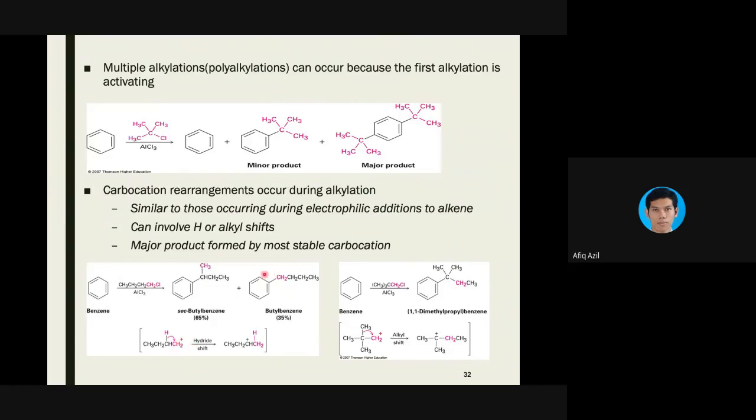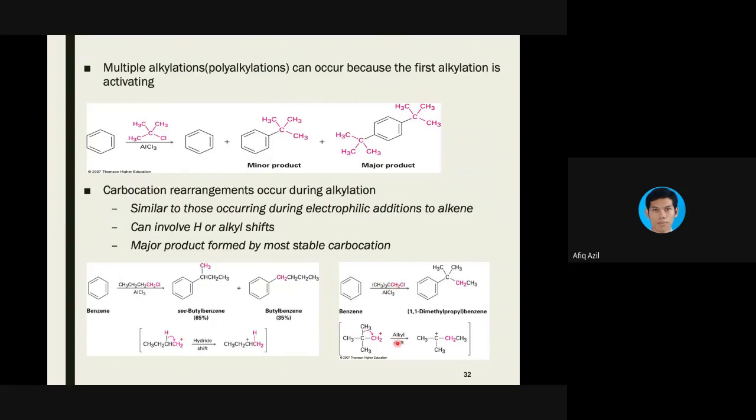Another example is the alkyl shift. You have three CH3 groups, methyl groups, bonded to this carbon, and it is bonded to CH2Cl.